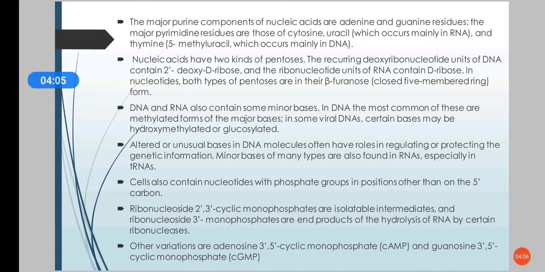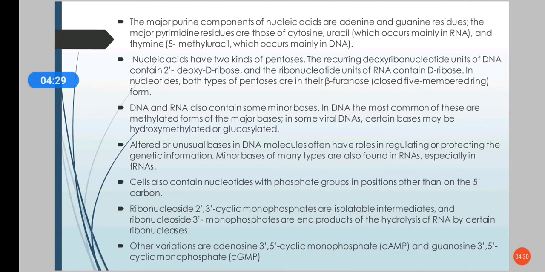Apart from these, DNA and RNA can also contain some minor bases. In the case of DNA, they can form methylated bases, that is, methylated forms of the major bases. For example, in some viral DNA, certain bases can be hydroxymethylated, or they can even be glucosylated.